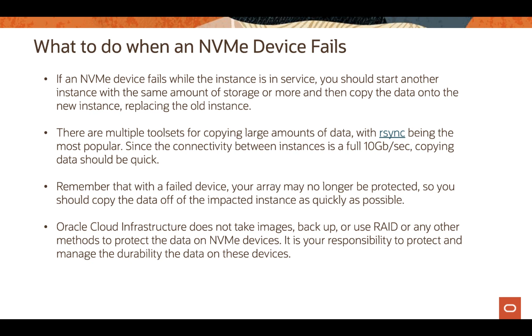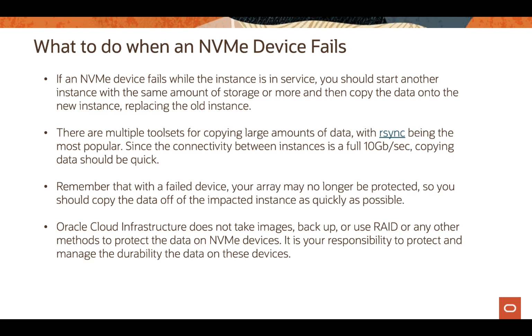Of course, there are multiple tools that can help you copy and synchronize data from one place to another. For example, you can attach a block volume along with your instance, which hosts the NVMe device, and then rsync the data from the NVMe to the block storage. That's one way to make a copy. Of course, you can tar GZ, compress the data from the NVMe device and move that over to an object storage if you want.